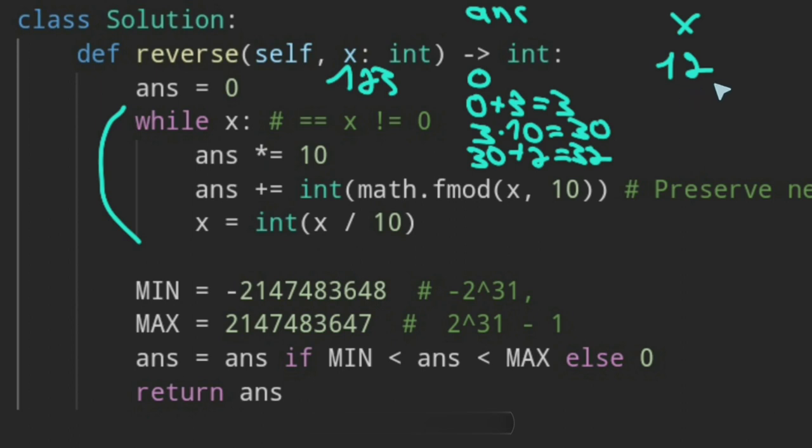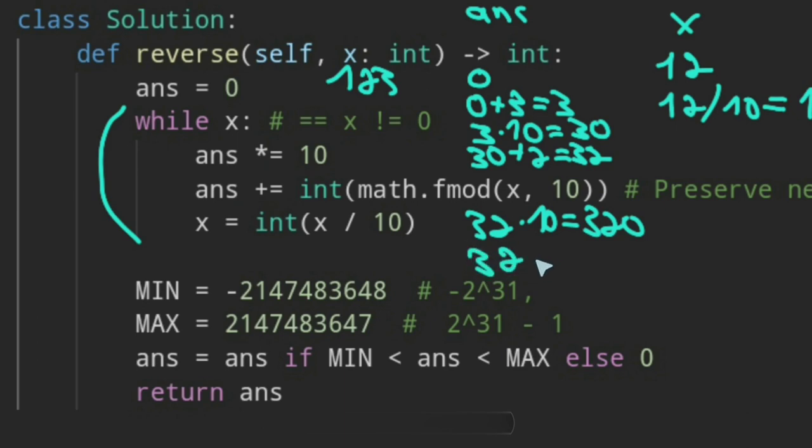So now x is 12 divided by 10, and you see, we cast it to int, so it's simply 1. Now we take the answer and multiply it by 10, so 32 times 10 is 320. Now we take the answer and add to it the mod of the last digit, so 320 plus 1, which is 321.